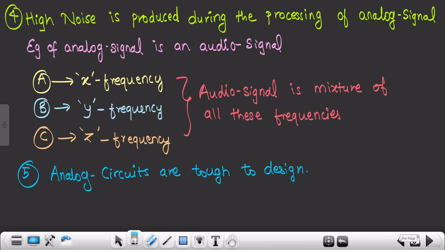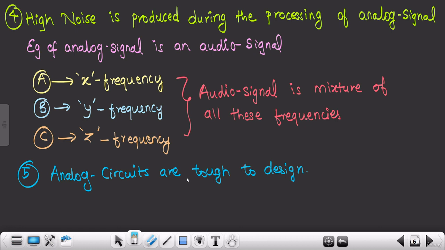Those students who enrolled in my previous courses know that we studied certain mini projects, and in those mini projects we designed analog circuits. At that time you understood that it takes a hefty amount of time to design analog circuits.